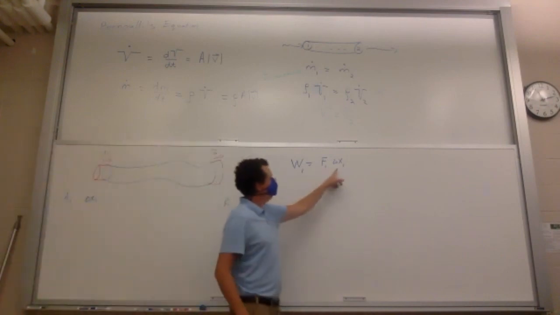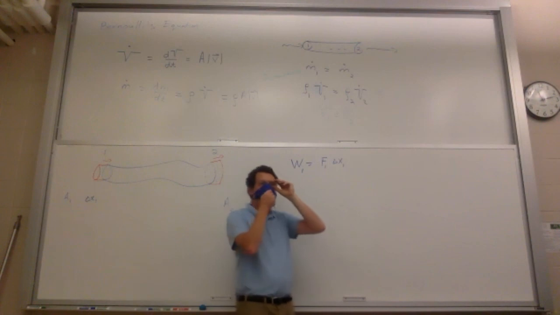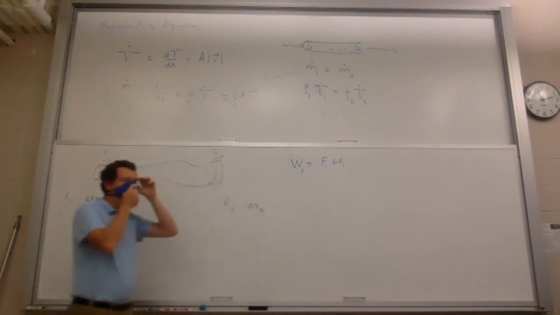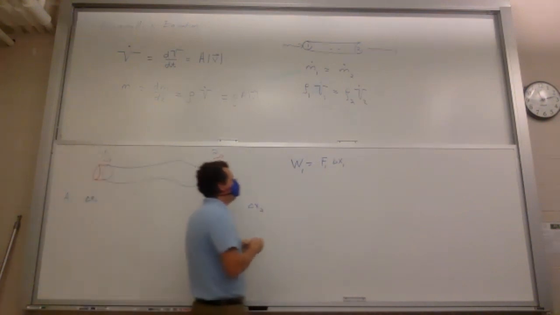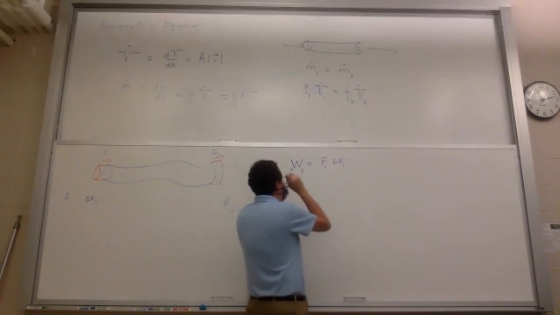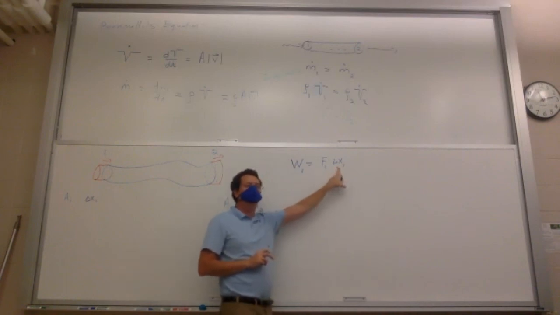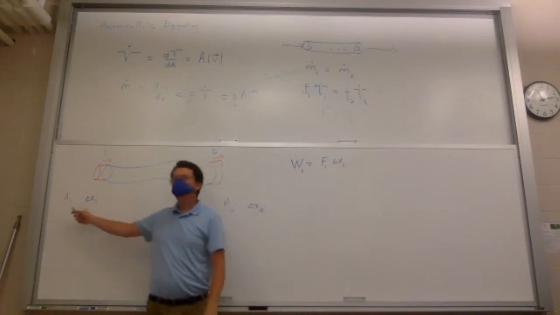So I can't really measure delta x because I can't see it moving. It's not wrong, it's just not going to be the best way to write this. So instead, we are going to change variables, and we're not going to talk about positions of chunks of fluid. Instead, what are we going to do? Speed. You could do speed. We could also do volume because we know the area.